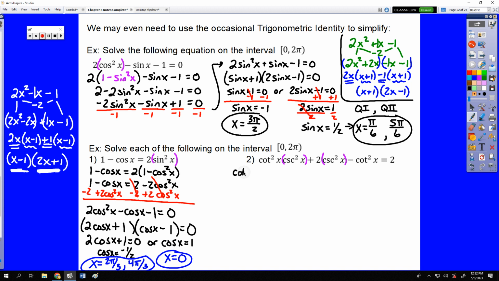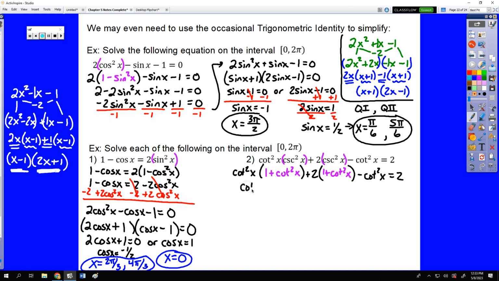So we'll be looking at cotangent squared x times cosecant squared, which is 1 plus cotangent squared x. Okay, plus 2 times, and again, 1 plus cotangent squared x minus cotangent squared x equals 2.